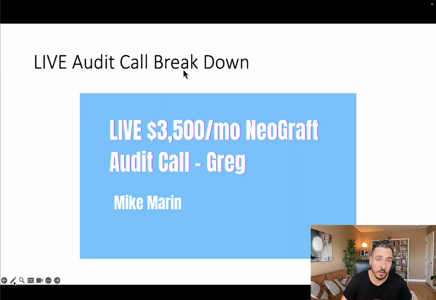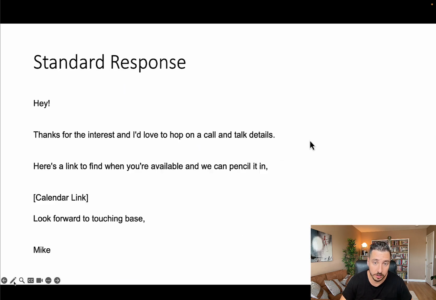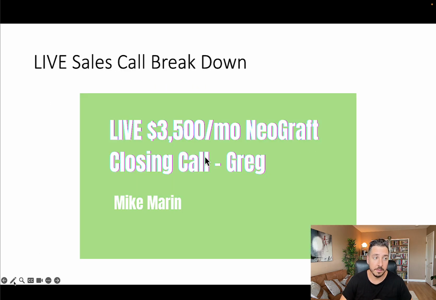And then what I did is, they booked on my calendar, had that 15-minute audit call, which we're going to break down, give you the script and all that. And when Greg was a fit, so we're following Greg here, Greg booked, and then I scheduled the next call for the next day, or if you do the call like 9 a.m. in the morning, you can schedule it for later that same day. But I really want that break between. The 2-call close just works much better.